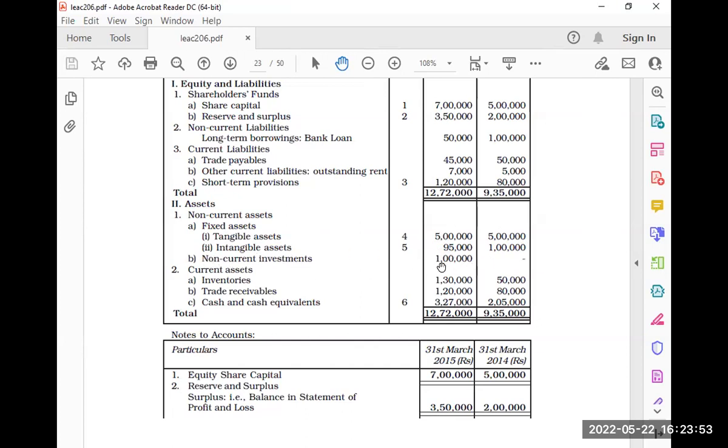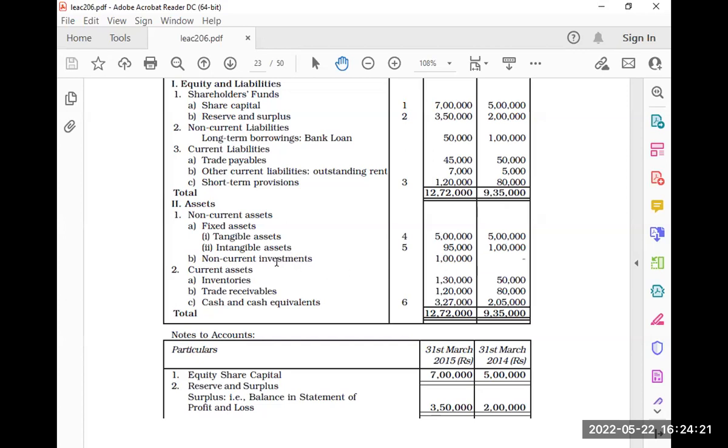It was 0 and is now 1 lakh. Under A, 1 and 2 are the same. There is no change. Amortization is already taken. Goodwill written off, we've taken that 5,000. From 1 lakh to 95, that 5 was considered for amortization. We minus that. And tangible asset was 5 lakh, now also 5 lakh, so there is no change.